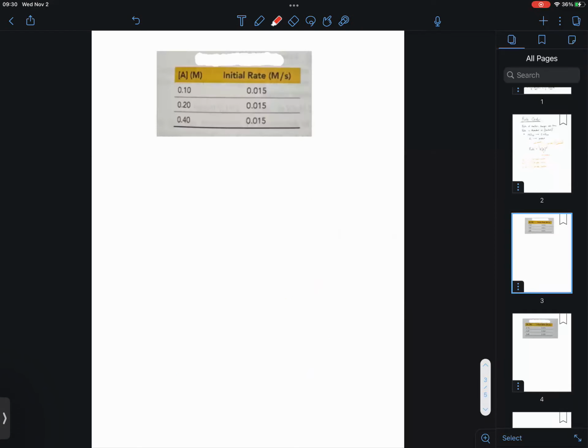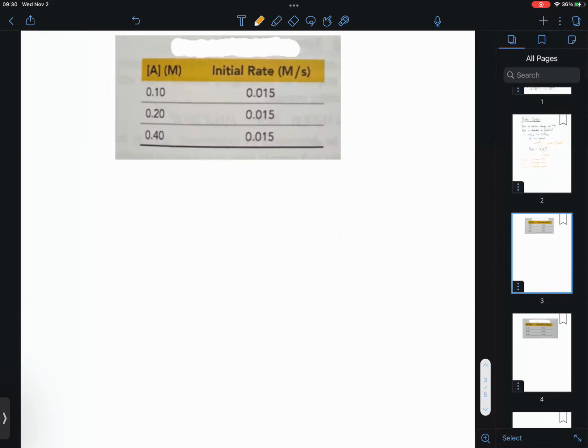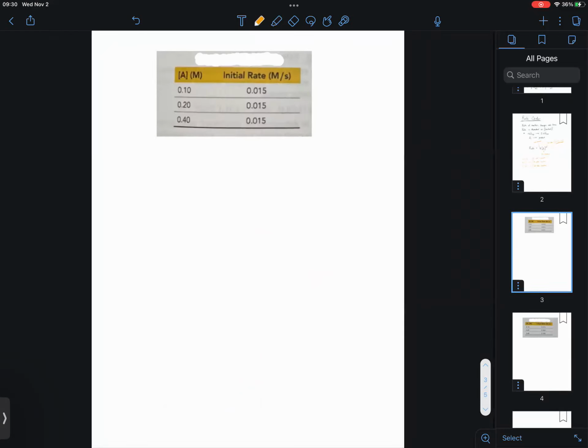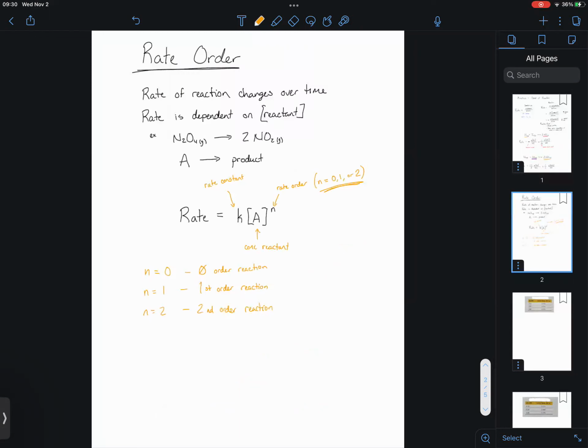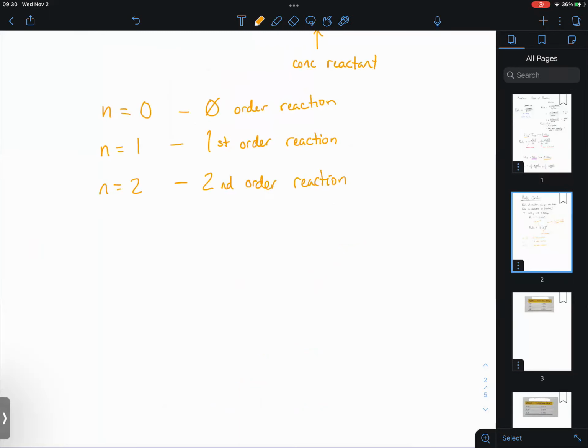Let's take a look at some data here. First of all, how are we going to determine reaction rate? Let's take a step back, actually. Determine reaction rate. We can do this one of two ways.